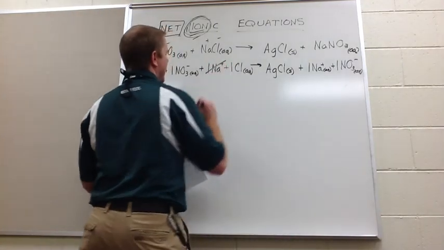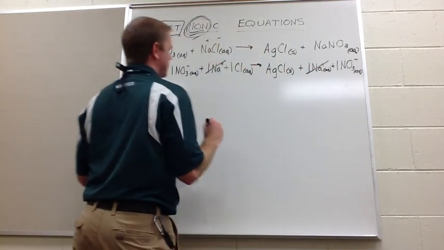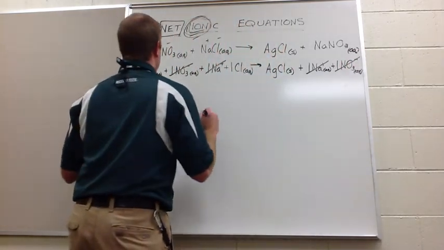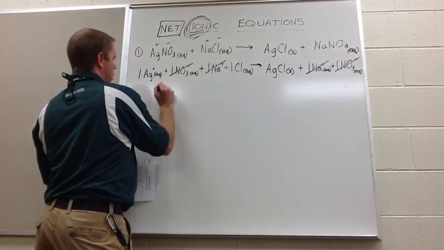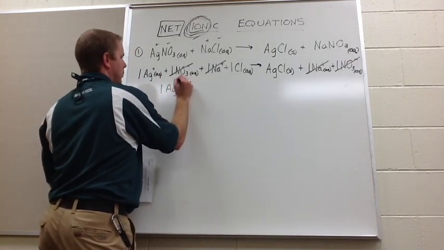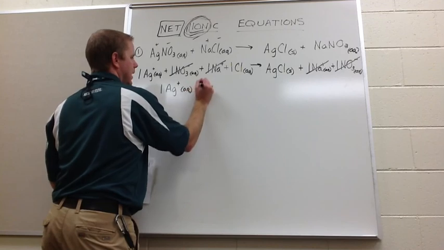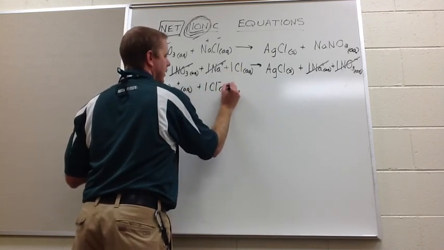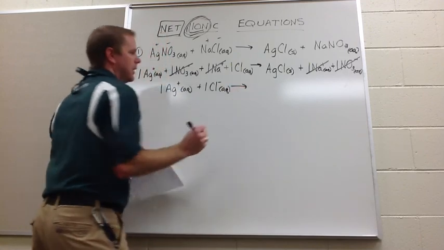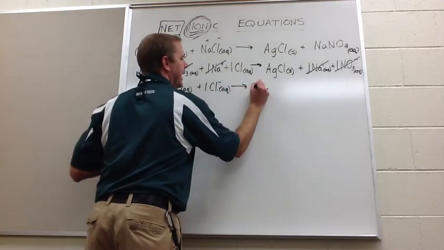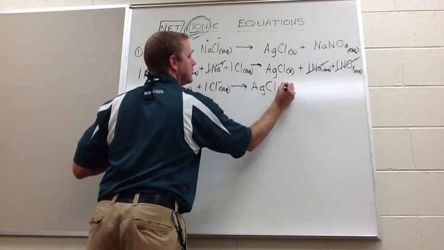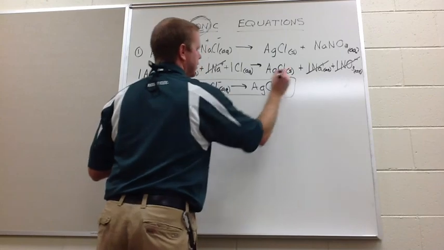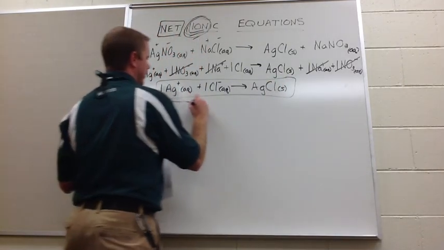So, 1 Na plus, 1 Na plus. 1 NO3 minus, 1 NO3 minus. Thus leaving me this. 1 Ag plus 1 aqueous ion plus 1 Cl minus aqueous ion, yielding AgCl solid. And that, my friends, is the net ionic equation.